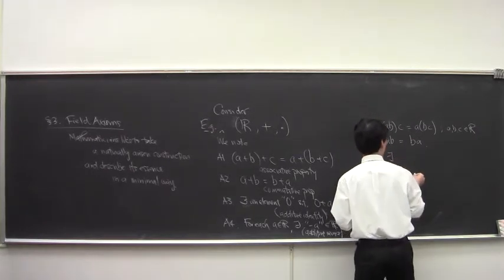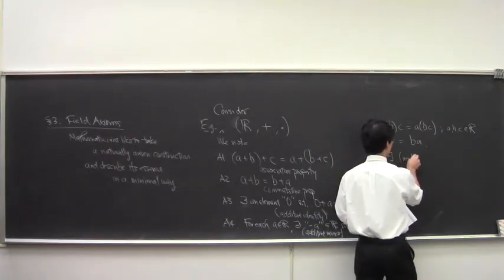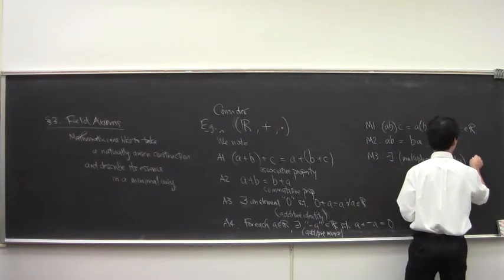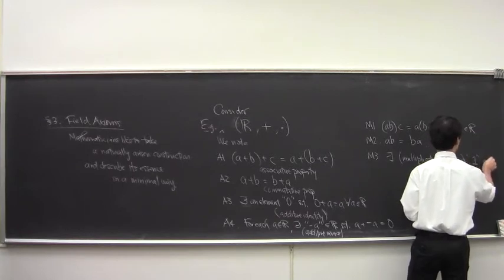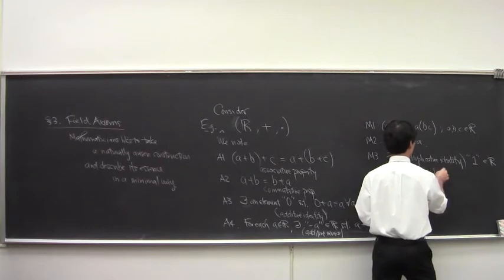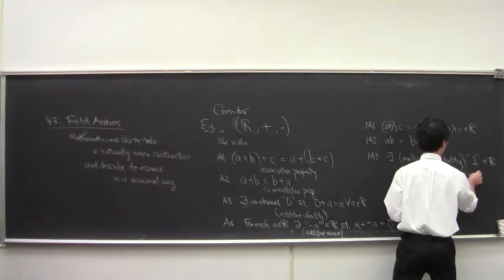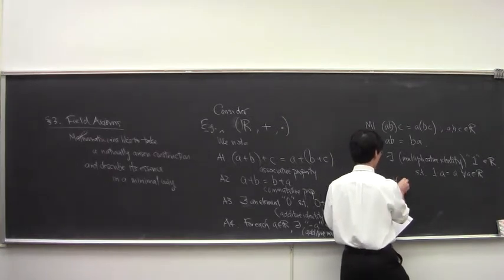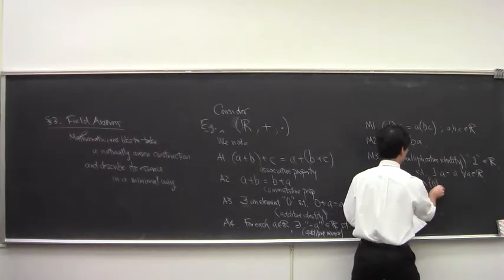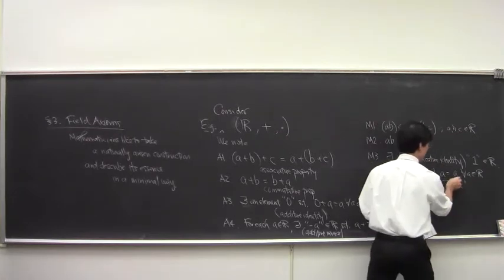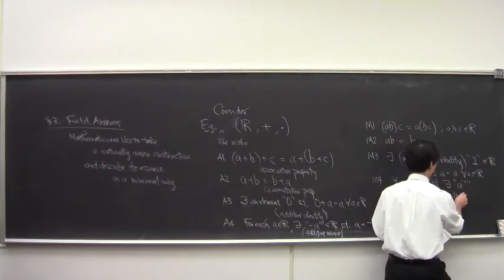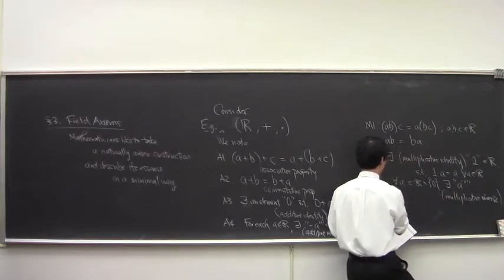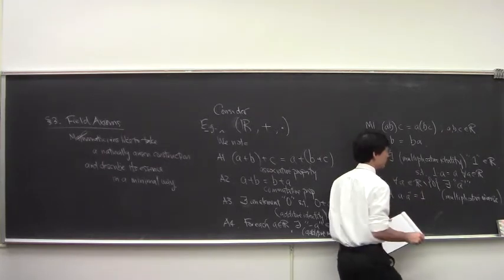There exists a multiplicative identity, this thing called 1 in R, such that 1 times A is A for all A in R. For all A in R excluding 0, there exists this thing called A inverse, a multiplicative inverse, such that A times its multiplicative inverse gives you the multiplicative identity.